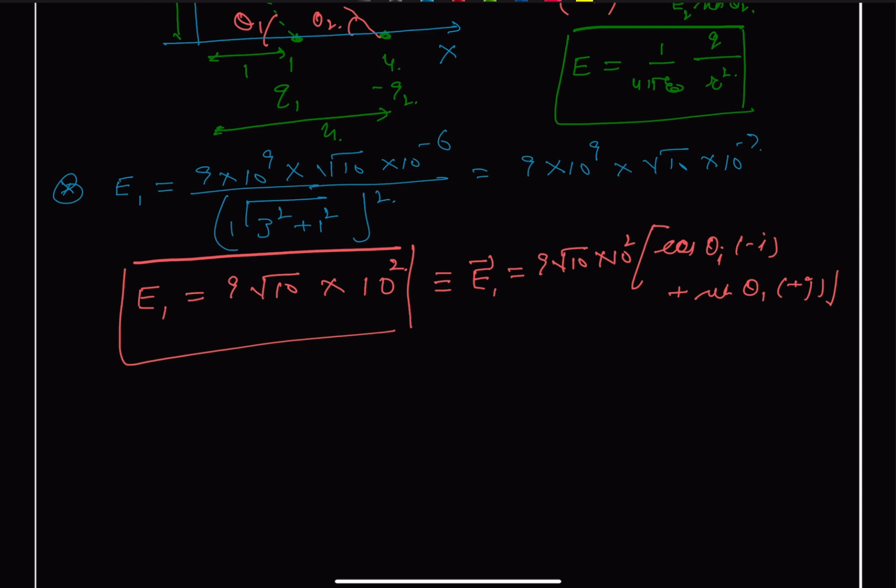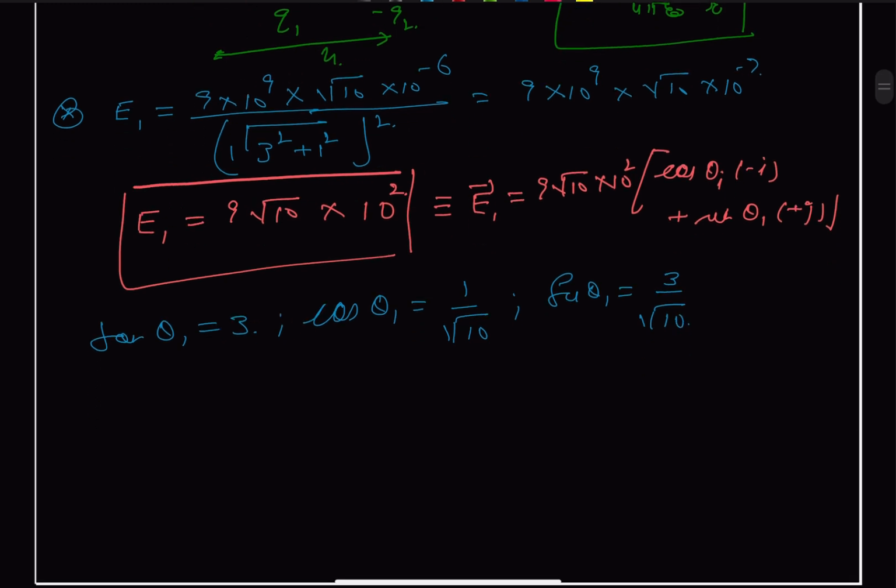We can easily find theta 1, since tan of theta 1 is equal to 3. So cos of theta 1 is equal to 1 upon square root of 10, and sine of theta 1 will be equal to 3 upon square root of 10.